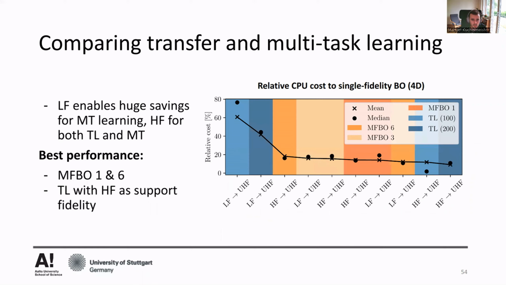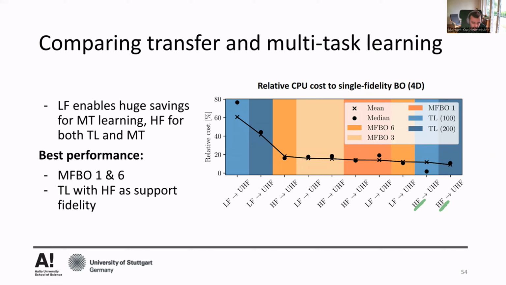And for the 4-dimensional situation, it is a bit different. Here, if we look at the x-axis, both low fidelity and high fidelity enabled huge savings. Let me start with the scenario where we use transfer learning.